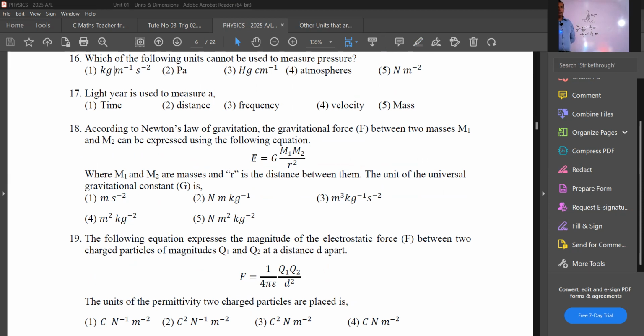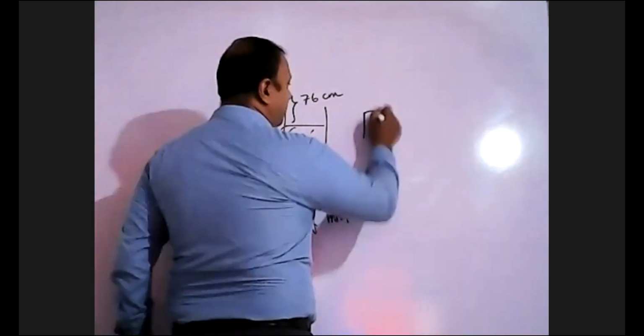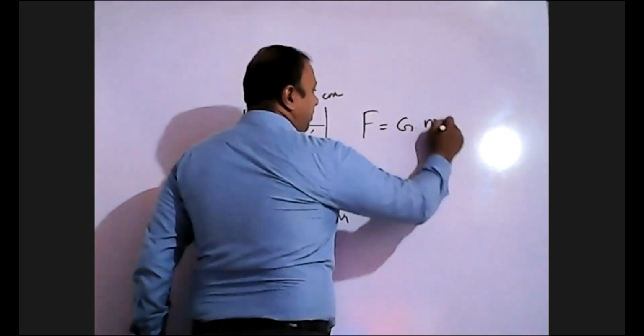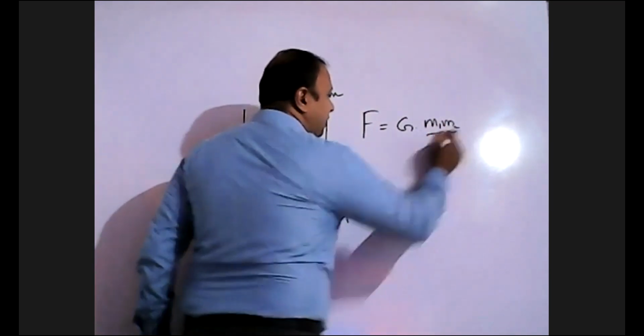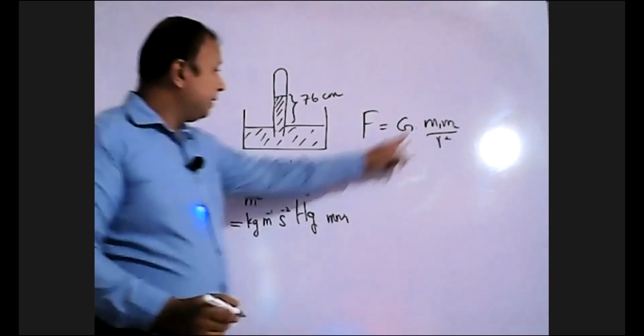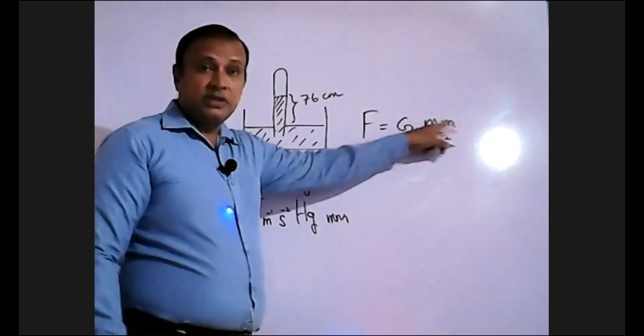You have to find the unit that can be used to measure G. F is equal to G M1 M2 over R squared, no? M1 M2 are masses, so the answer is 5. Very good. Those are kilograms.